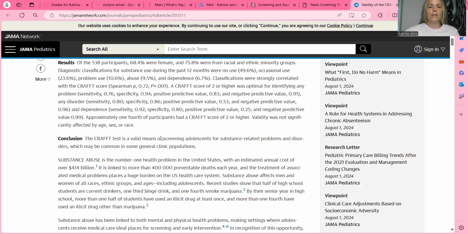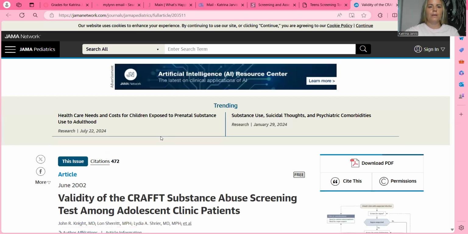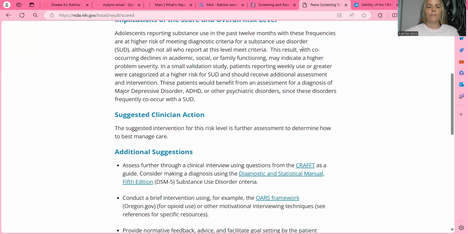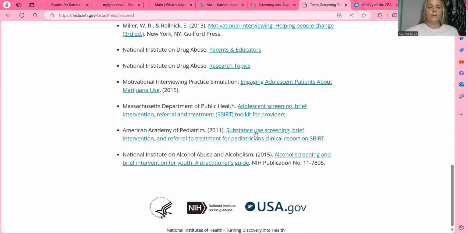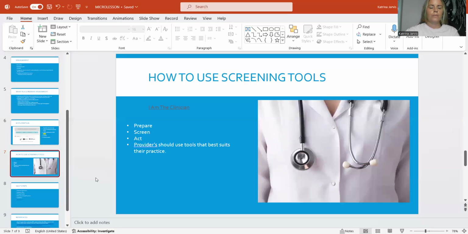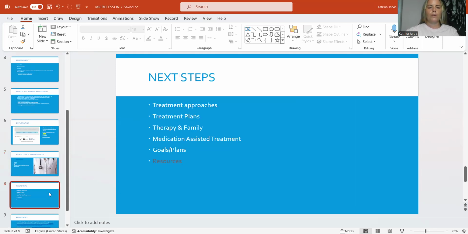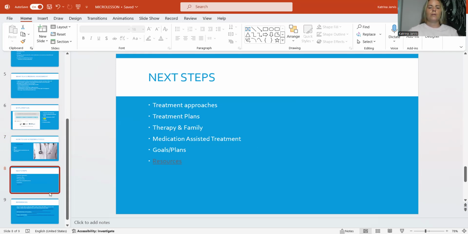And I got this off SAMHSA, the National Institute of Drug Use. And we're going to go back to our micro lecture, and providers should always use tools that best suit their practice. So what's next? Maybe we develop a treatment plan.